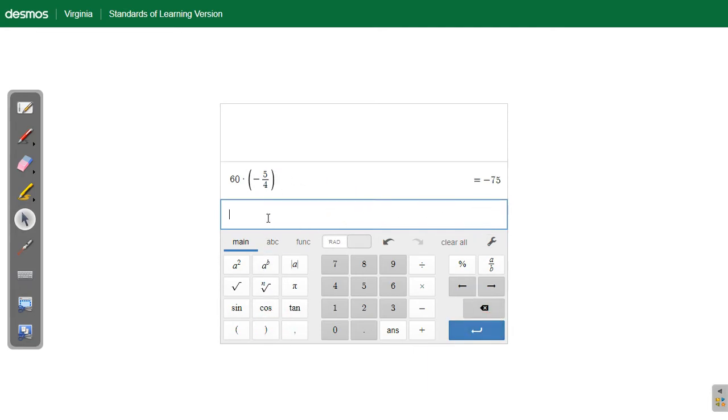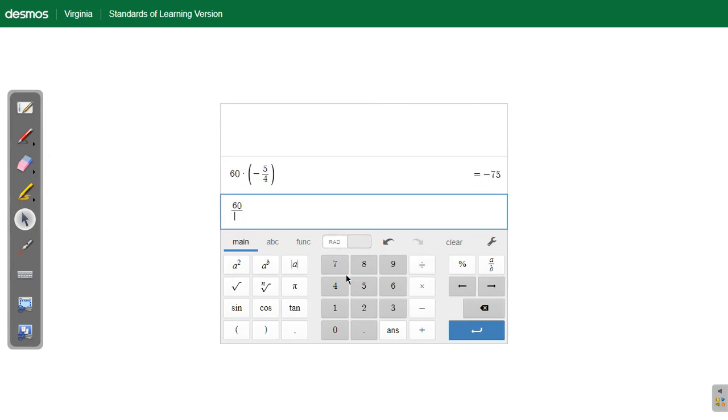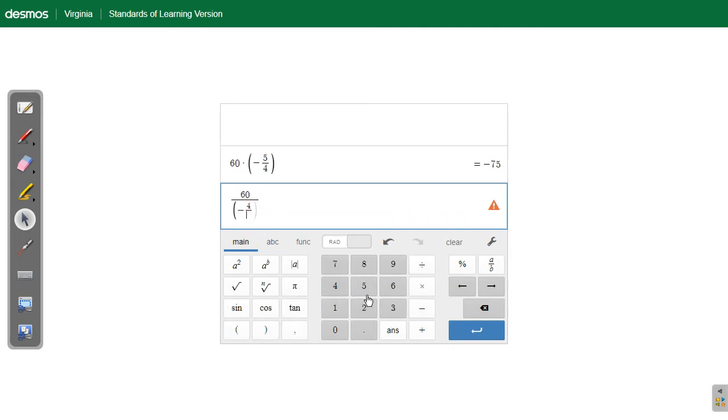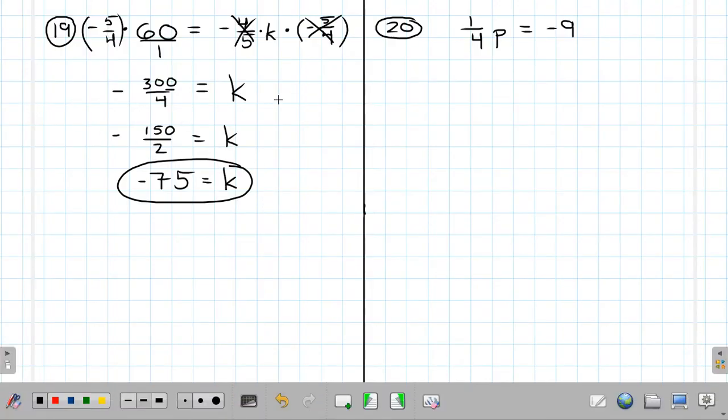You could have got the same thing if you did 60 divided by, in this case, I'm going to use parentheses again, negative 4/5. Just make sure that the parentheses are the same. So same thing, negative 75. So once again, the steps are all the same.